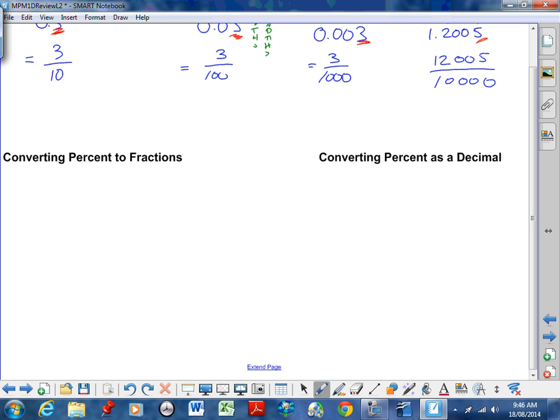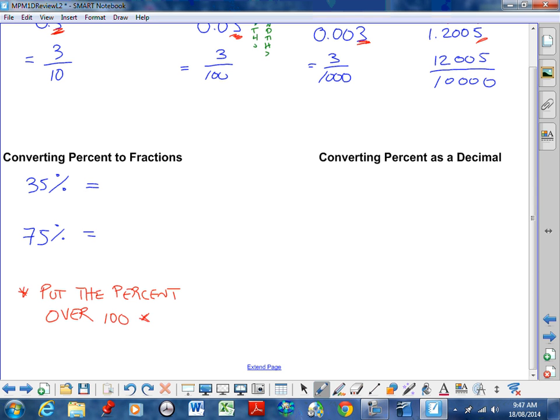Converting percent to fractions. If we have, say, 35% and 75%, how do we do that? Simply put the percent over 100, because percentage is a measurement of how much out of 100. By definition, it's already a fraction. That's all there is to it.